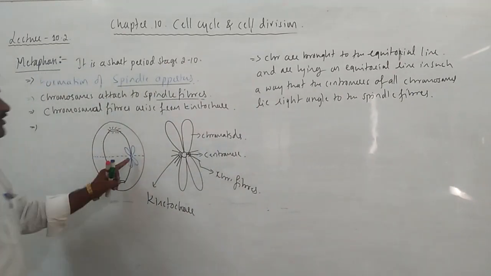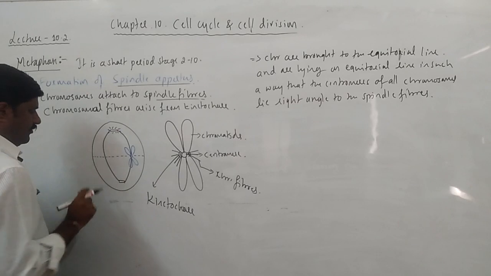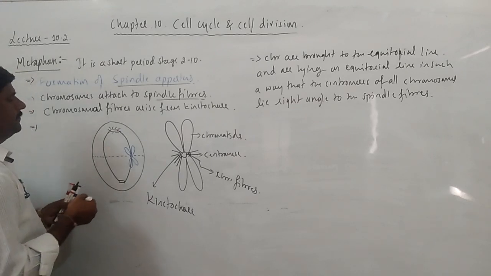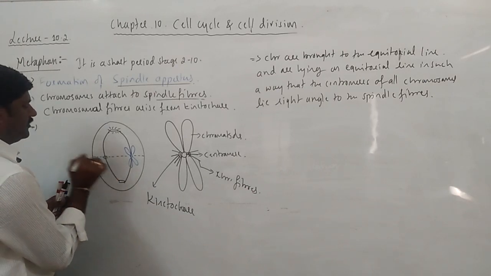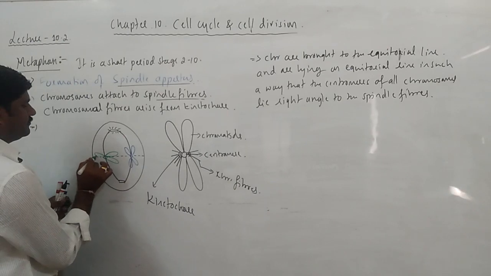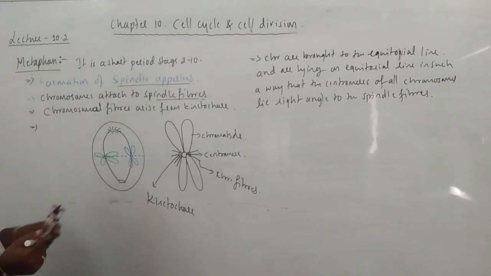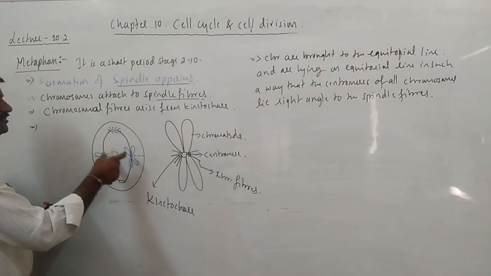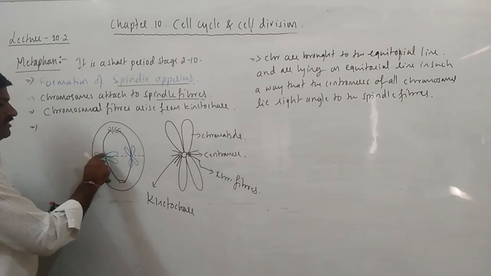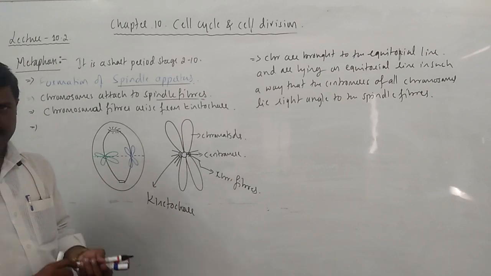See here, the chromosomes are lying just like this, right? And one more chromosome I shall draw over here. This is also the centromere of one chromosome. It is lying like this. Now we came to know these chromosomes are hanged to the spindle fibers, and they are brought towards the equatorial line.